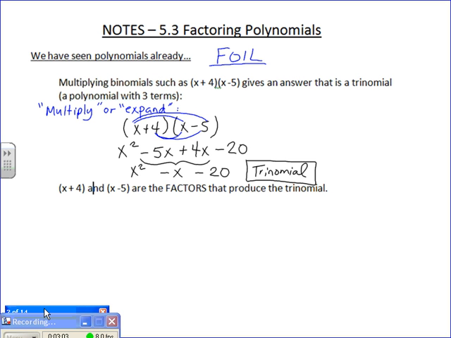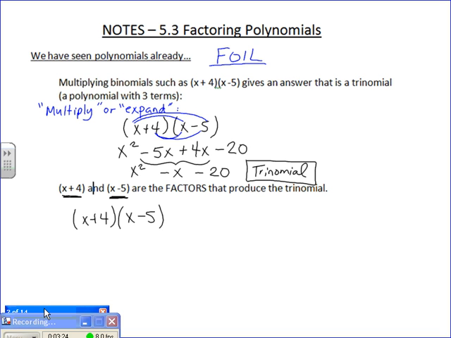And what I can see here then, we're going to work backwards. If I go back to my original question, my two binomials, x plus 4 and x minus 5, were multiplied together.